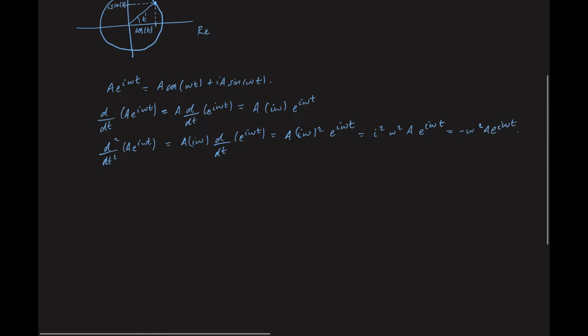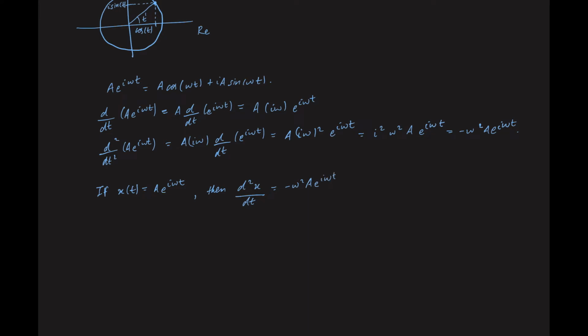Okay, so what does this mean? If we had some x of t, some function x, given by this complex exponential, then the second time derivative of x is given by negative omega squared a e to the i omega t.